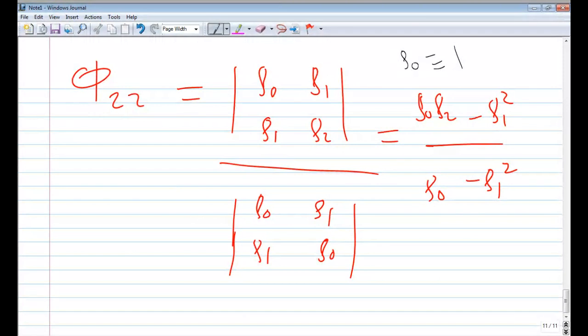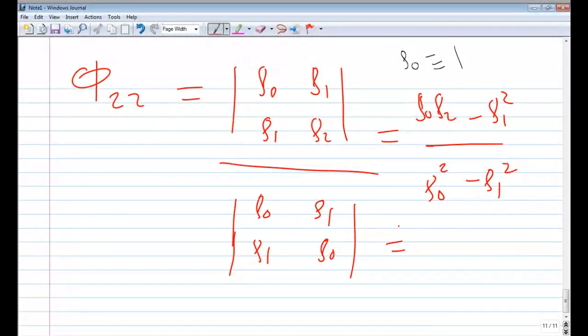On the denominator, isn't it row 0 squared minus row 1 squared? You're right. Row 0 is 1, so it'll be the same, but to be correct, I think this is the correct way of writing it.